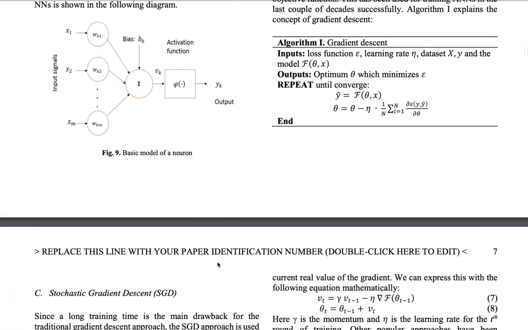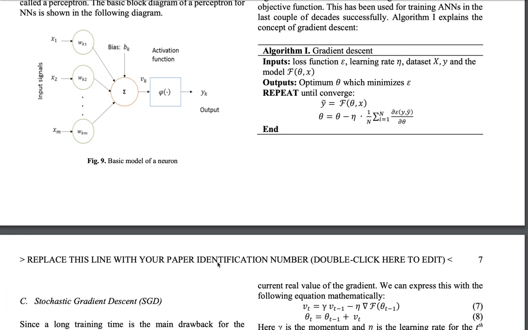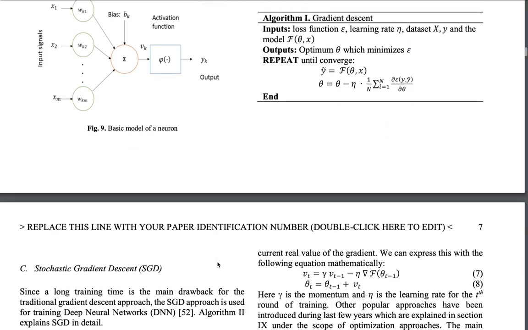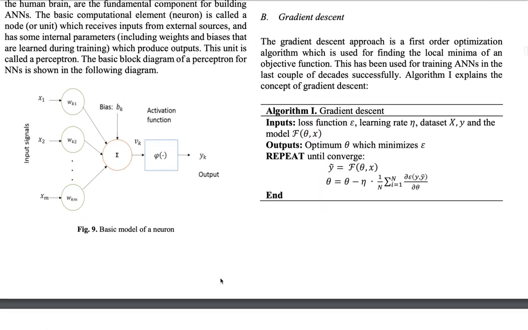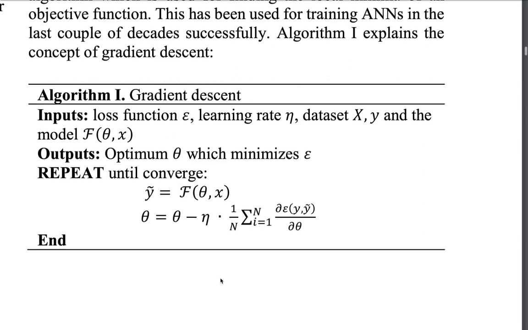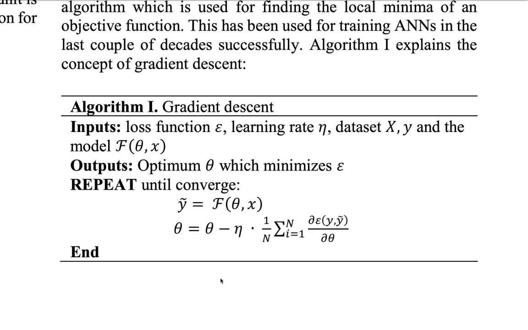The most basic one we just call gradient descent, and there are other variations like stochastic gradient descent and back propagation. For this particular video, we're going to focus on the simplest case, which is just gradient descent.